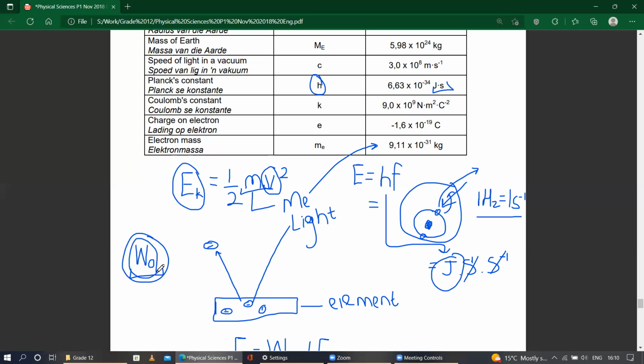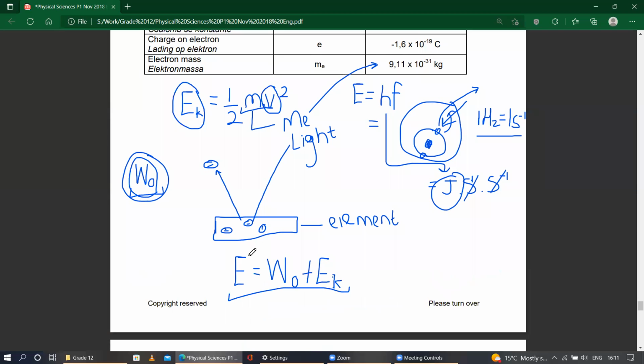Because most of the time they're gonna give you guys a graph. And on that graph, they want you to find your work function. They want you to find the kinetic energy. And you need to know how to calculate your total energy.